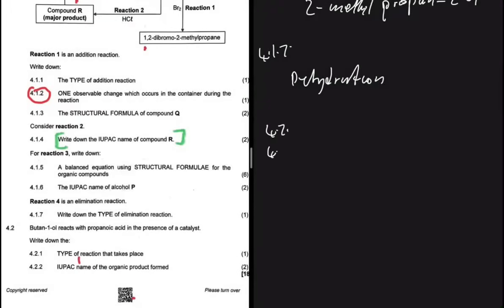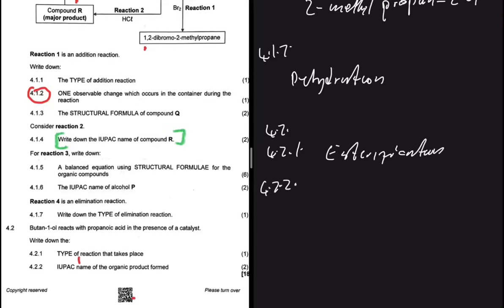And 4.2, we have 4.2.1. So butan-1-ol reacts with propanoic acid in the presence of a catalyst, and we need the type of reaction that takes place. So as soon as I see an alcohol and an acid, I'm thinking esterification. And then now we need the IUPAC name of the organic product formed.